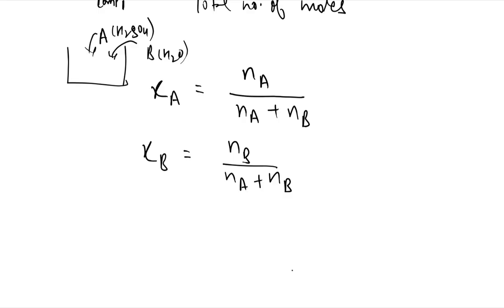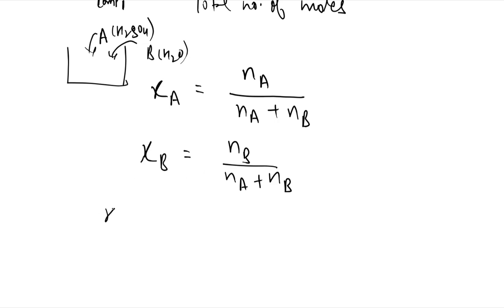We can use the same formula for a multi-component system also. There can be 3 components, 4 components, 5 components, it doesn't matter. The formula is going to remain the same. So you can see basically it represents the fraction.